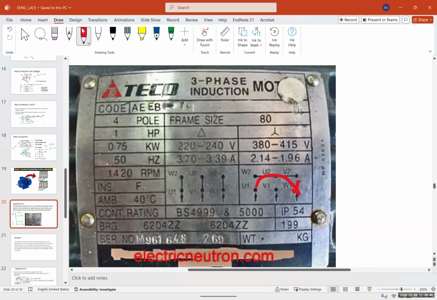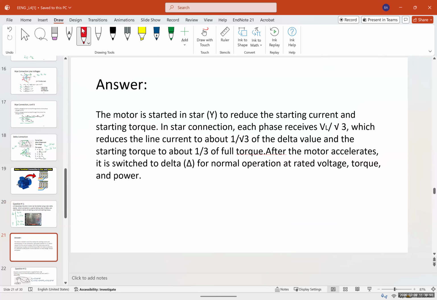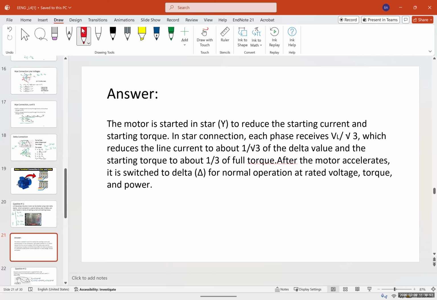Now, the answer to this question is we start 3-phase motors on Y connection. And the reason is when it's a Y connection or star connection, each phase receives VL over square root of 3, which reduces the line current to about 1 over square root of 3 of the delta value, and starting torque to about 1/3 of the full torque.